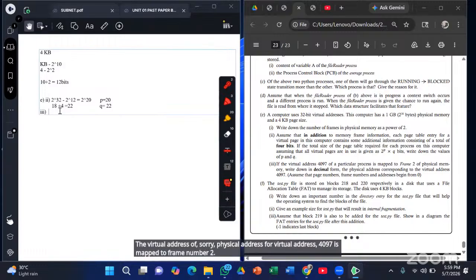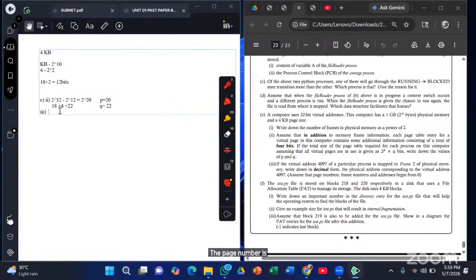So the page number is 4097 divided by 4096, and our remainder is 1.